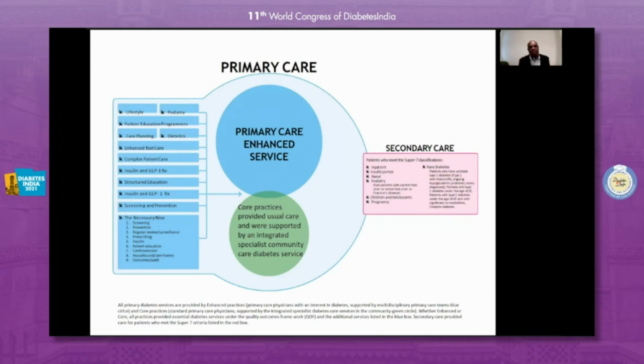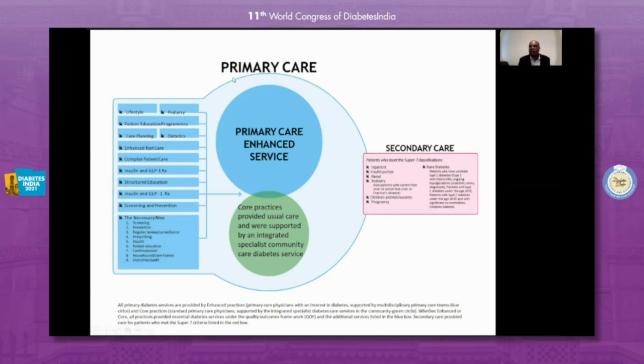Everybody else was managed in primary care, and we do appreciate that in primary care, not all the GPs will be interested in diabetes. Some might have an interest in dermatology or musculoskeletal medicine, and it will be impossible for them to get interested in diabetes and manage patients with diabetes. And so in primary care, we had two groups of practices.